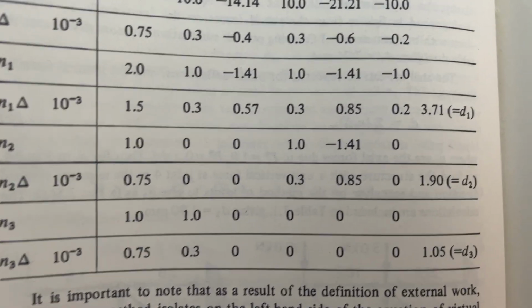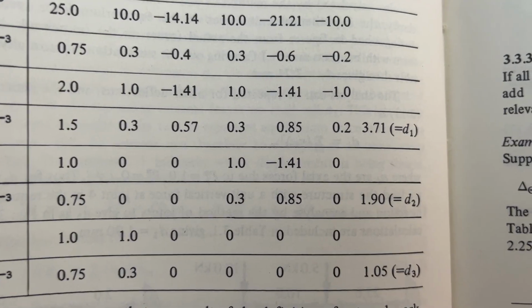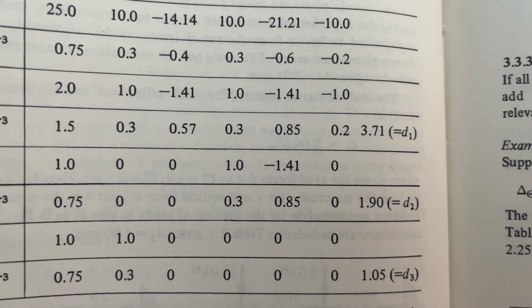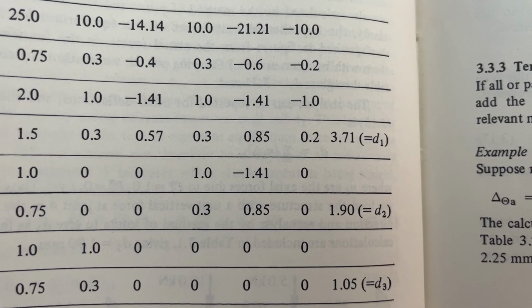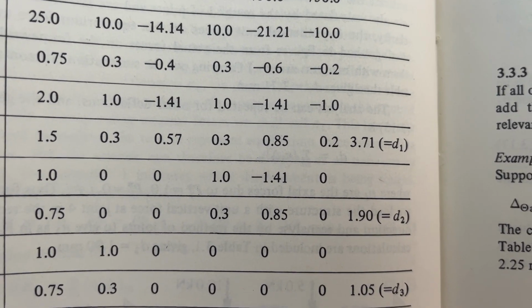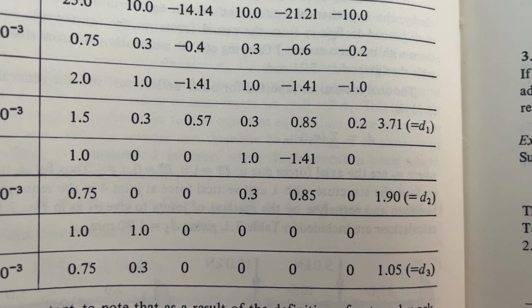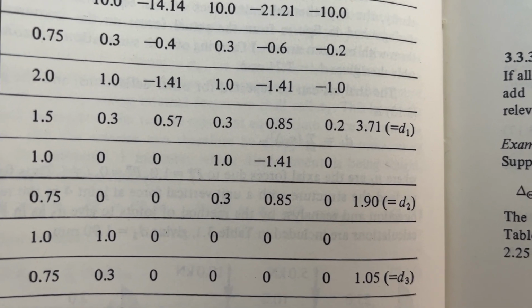And then you total that up. 1.5 plus 0.3 plus 0.3 gives you 2.1, plus 0.85 is 2.95.